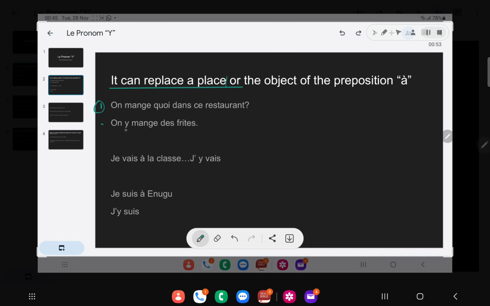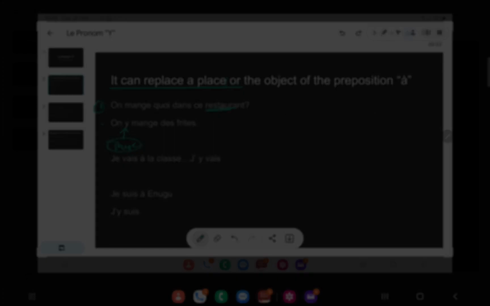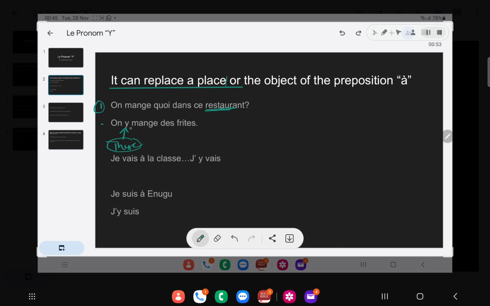So the word there is being represented by this Y. By functioning as there, it is replacing the word restaurant. C'est pas la peine de le répéter. No need to repeat it again because it has been replaced by the pronoun y, which means there.